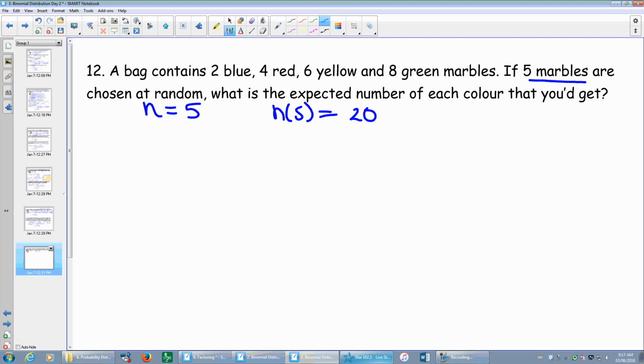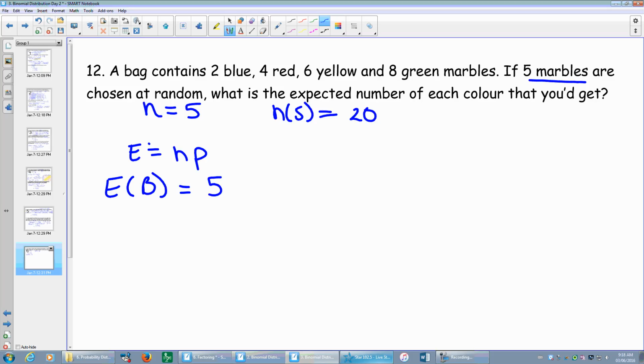So it wants to know what is the expected number. Well, expected value, again, when we're considering a success and a failure, is n times p. So when I do this for my expected value for blue, I'm picking 5 marbles.